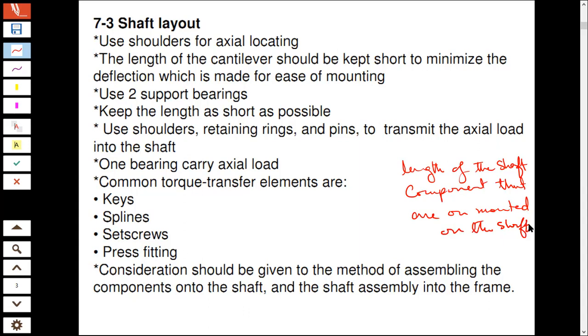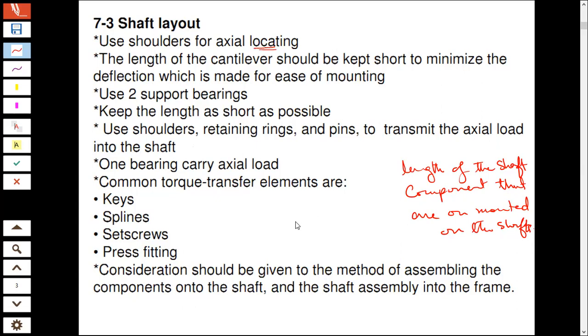There are certain things that you should do and should not do when we are talking about shaft layout. First of all, use shoulders for axial location.